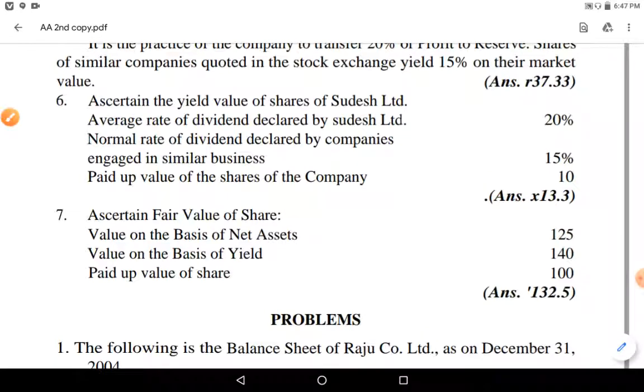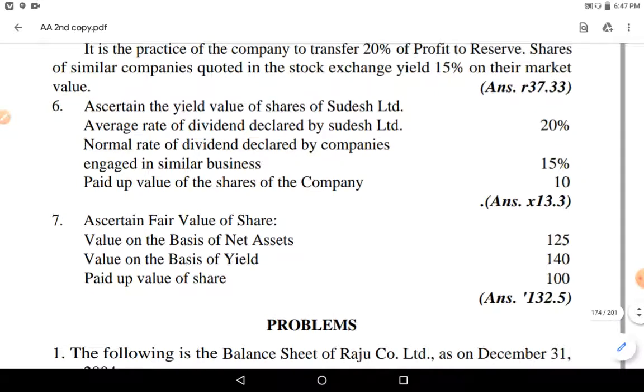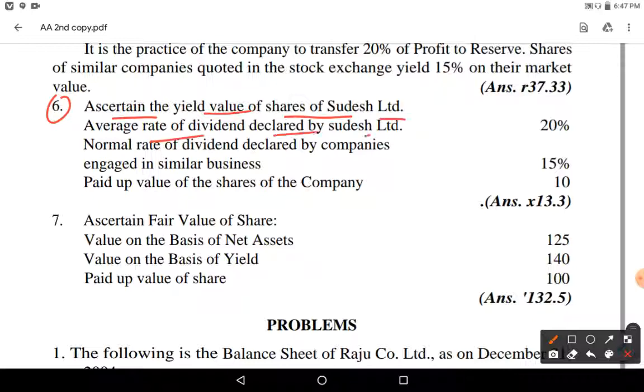There is one more easy question here. Just now we have done something similar. Ascertain the yield value of a share of Sudesh Limited. Average rate of dividend declared by the company, rate of dividend is 20.